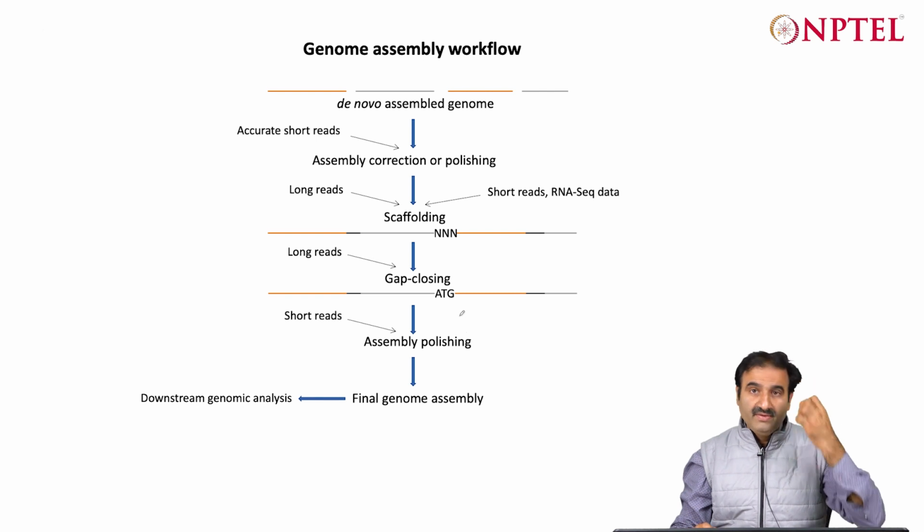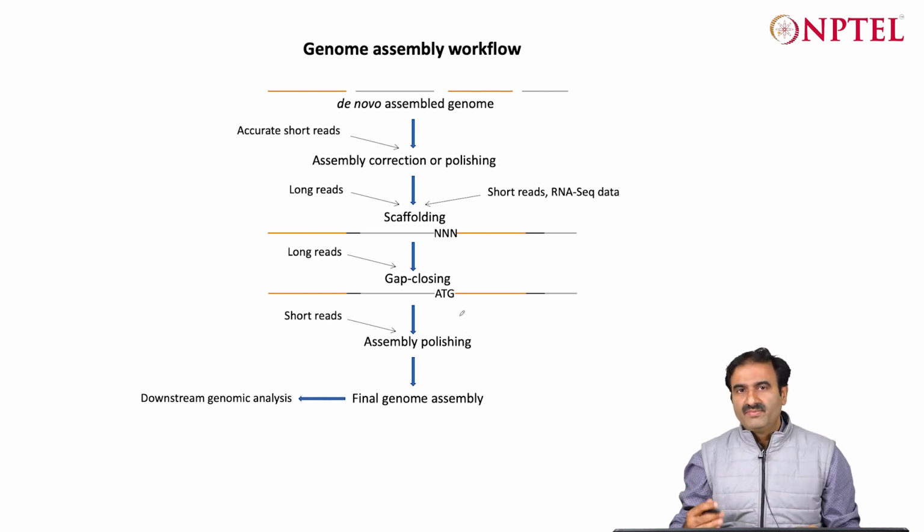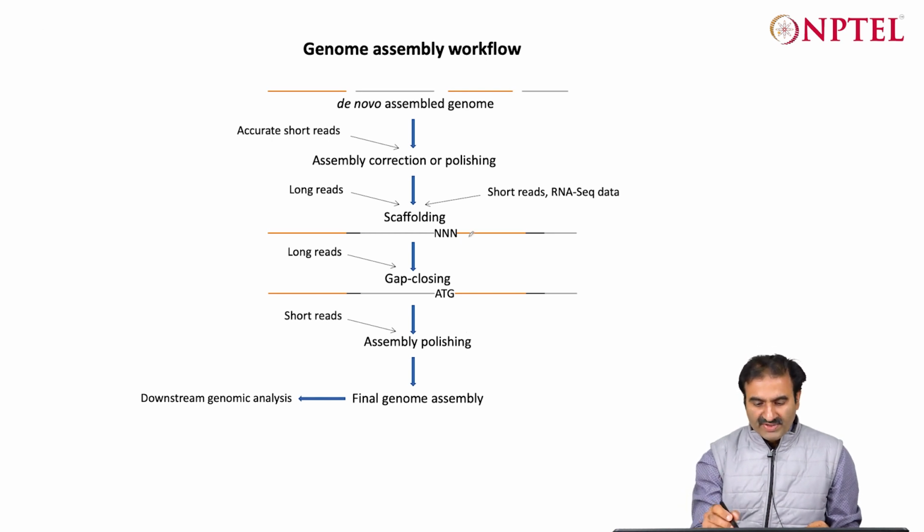Then, based on other information that you have, like insert size or longer insert size paired-end reads, you try to build scaffolds where the contigs are arranged in the right order, and in between there could be regions which you do not know, and you fill that region with Ns. Those are scaffolds.